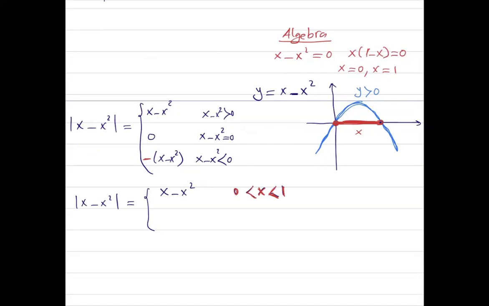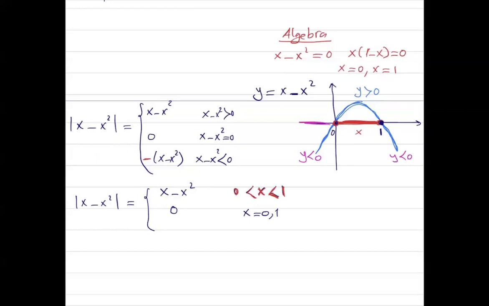At which values is it 0? Well, when x is equal to 0 and x is equal to 1, your y value is 0. So when x is equal to 0 or 1, you get 0 back. On which interval is it negative? Well, the y value is negative down here and also here.